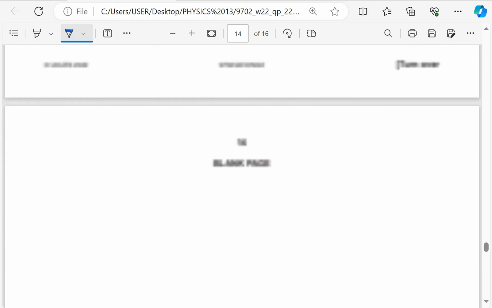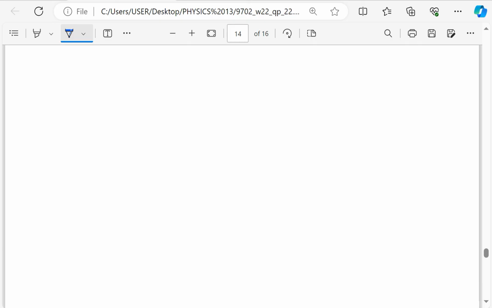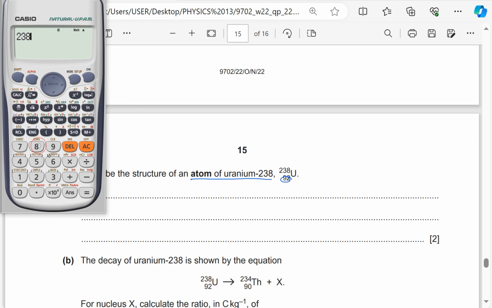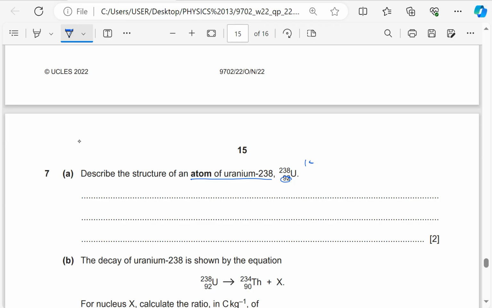Lastly, I think it should be particle physics. Describe the structure of an atom of uranium-238. Okay, sometimes they will give this question 4 marks, so you have to describe in detail. So there are 92 protons, 238 minus 92, 146 neutrons, and there are 92 electrons.